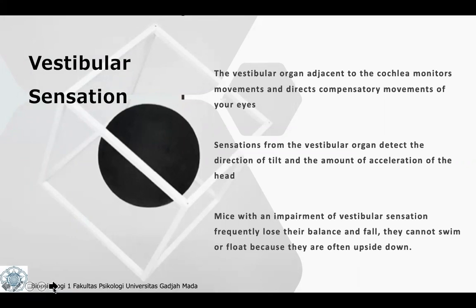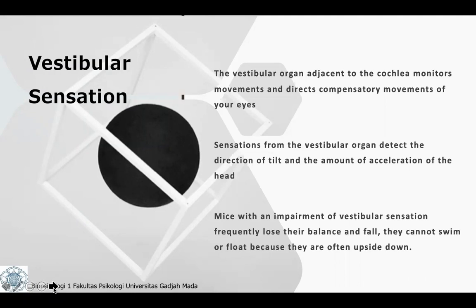When you quickly move the page back and forth, however, the vestibular organ cannot keep your eyes on target. The sensation from the vestibular organ detects the direction of tilt and the amount of acceleration of your head, and you use that information automatically for guiding eye movement and maintaining your balance.